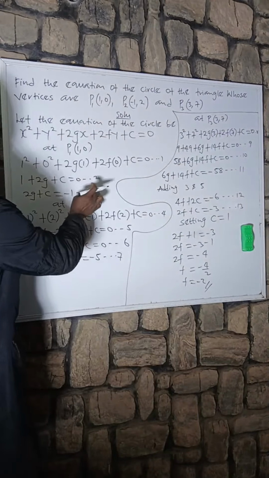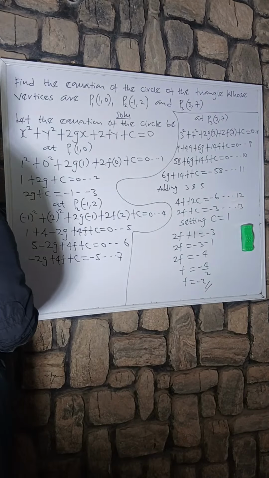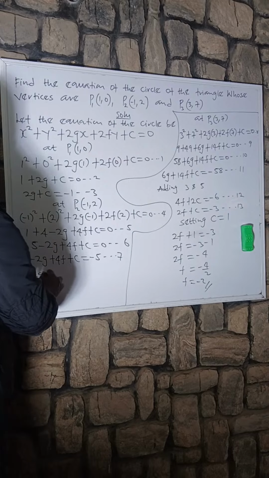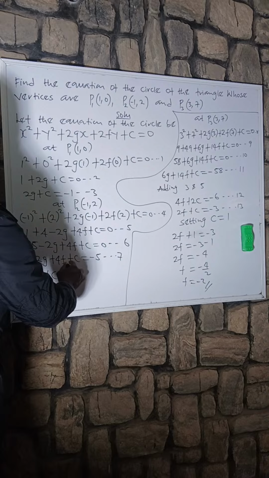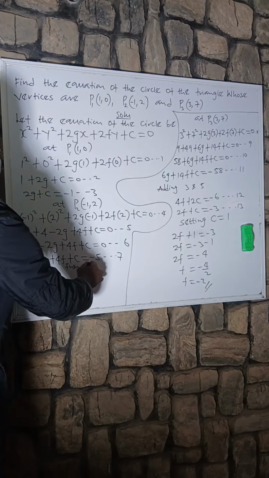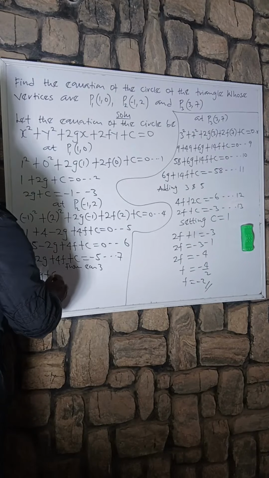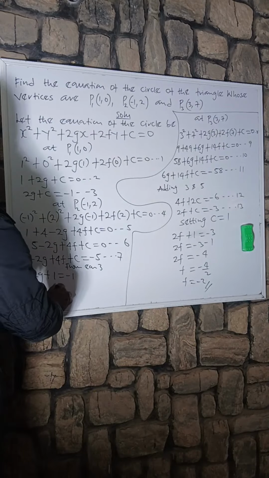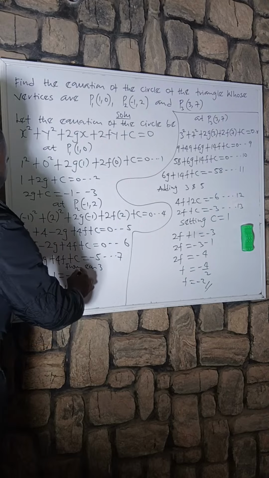Anywhere you see c, you put 1. So our 2g plus 1 from equation 3 equals to minus 1. This crosses the sign of equality and becomes minus. So 2g equals to minus 1 minus 1, so this implies that 2g is equals to minus 2.